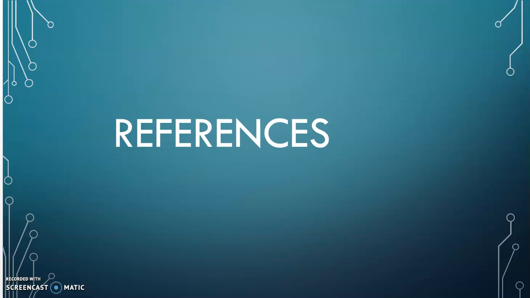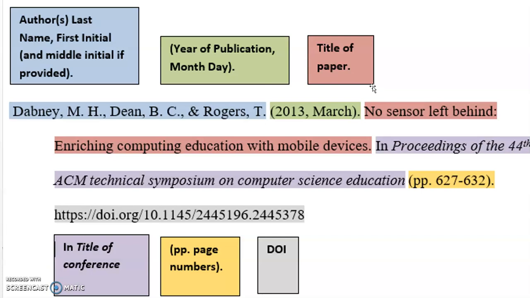So you need to actually honor the writers and you need to mention them in the references. So when you write the references, authors' last names are written and the initials are just put in letters. For example, M.H. Debney, Michael Halliday Debney, if it's the name, for example. So I'm not going to write Debney Michael Halliday.